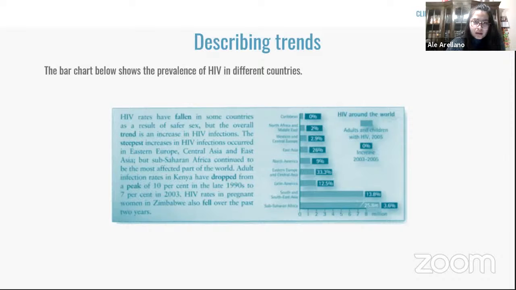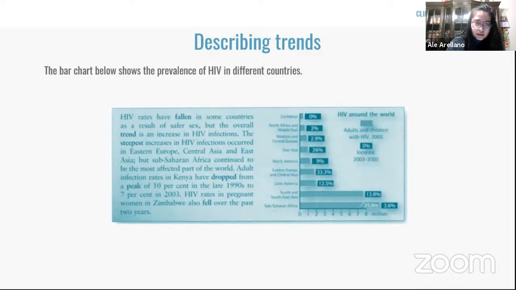HIV rates have fallen in some countries as a result of safer sex, but the overall trend is an increase in HIV infections. The steepest increases in HIV infections occur in Eastern Europe, Central Asia, and East Asia, but Sub-Saharan Africa continued to be the most affected part of the world.